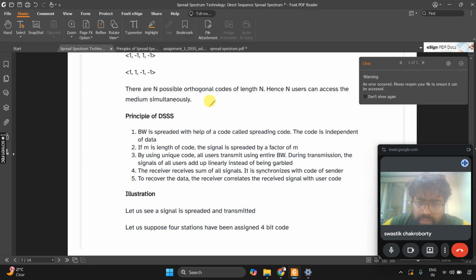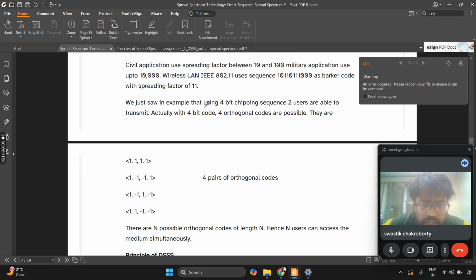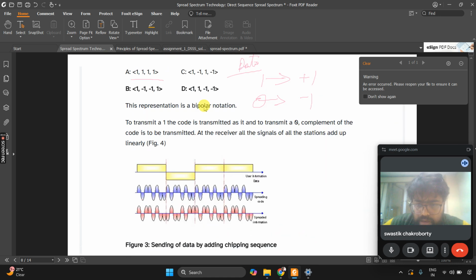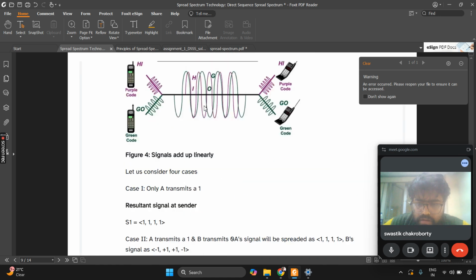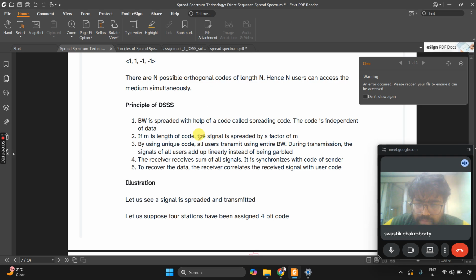If there are n possible orthogonal codes, then n users can access the medium simultaneously. That is clear. So we summarize DSSS as follows: bandwidth is spread with the help of a code called the spreading code.